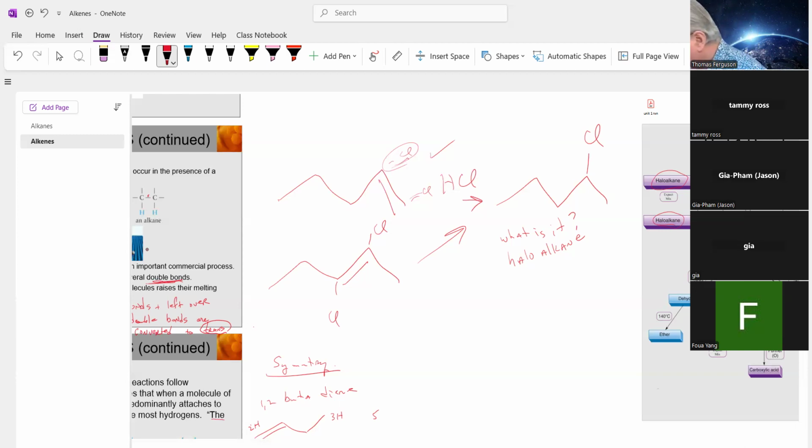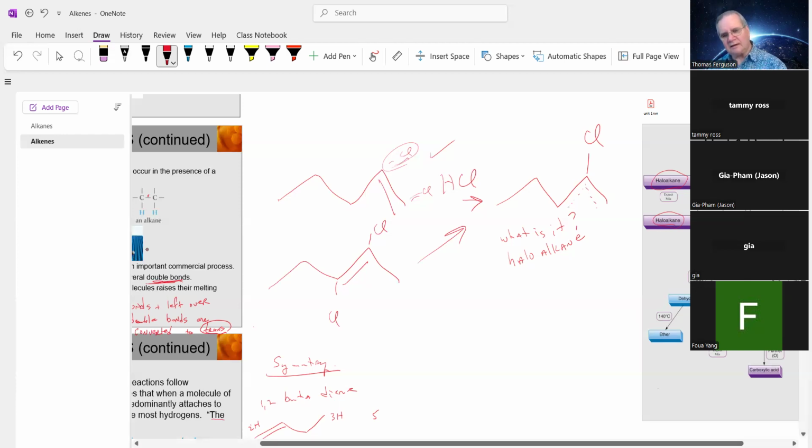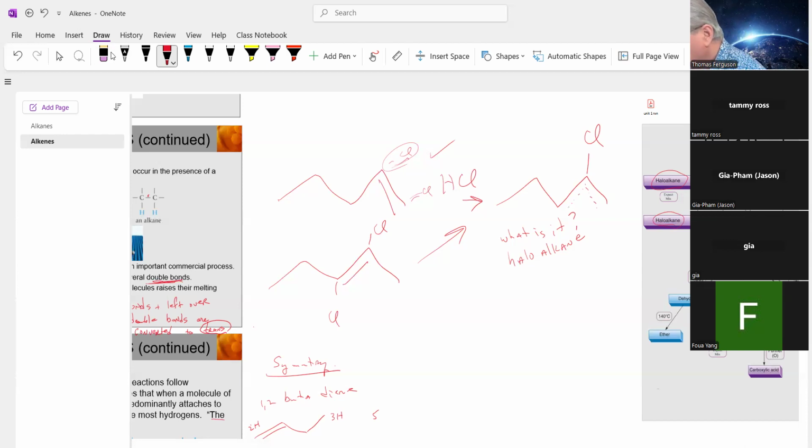Think of the double bond: either side of that, the chlorine will end up on that site. So then what you need to do is clean this up. We need to name this.